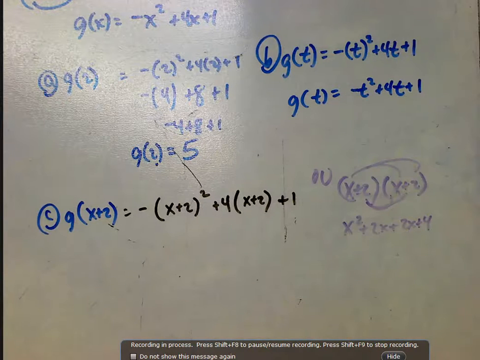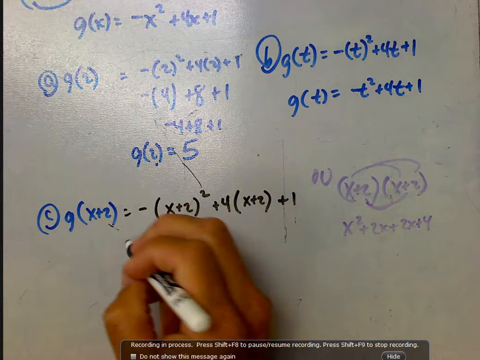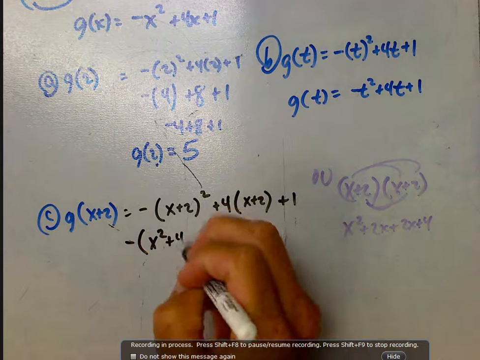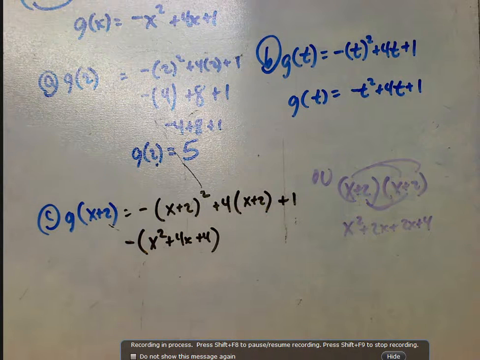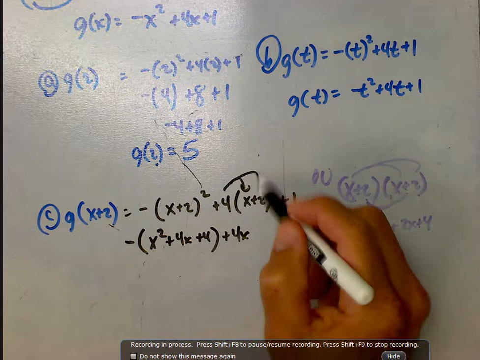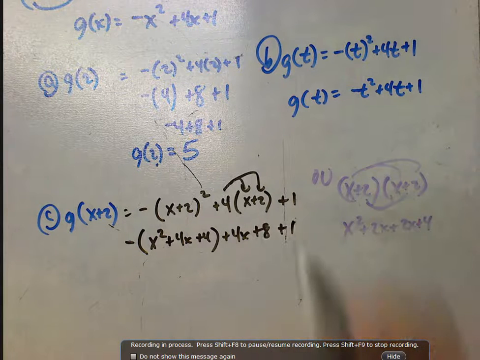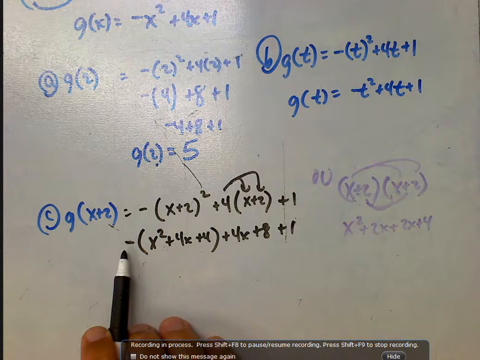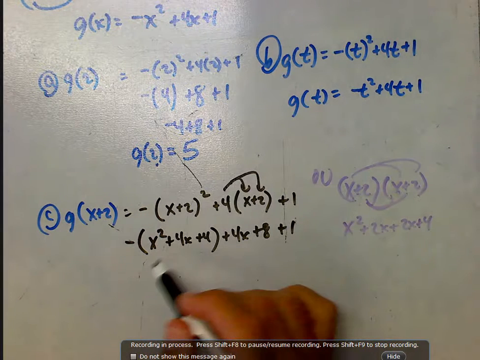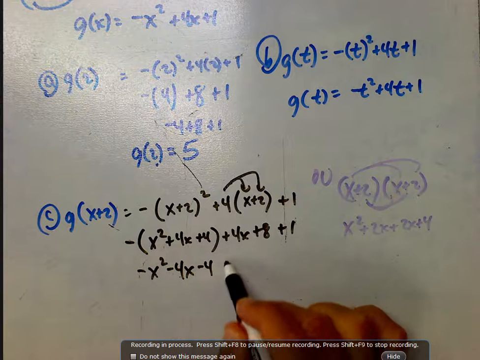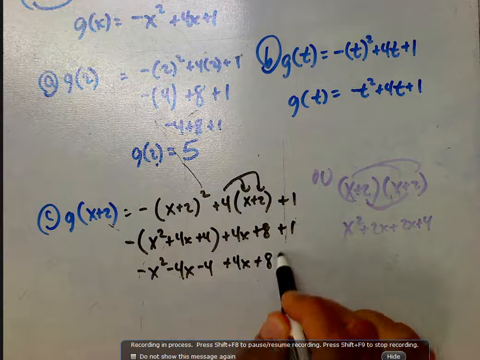So now I have negative parenthesis x squared, 2x plus 2x is 4x plus 4. Distributive property plus 4x plus 8 plus 1. Now my negative sign is going to do distributive property. So negative x squared minus 4x minus 4 plus 4x plus 8 plus 1.